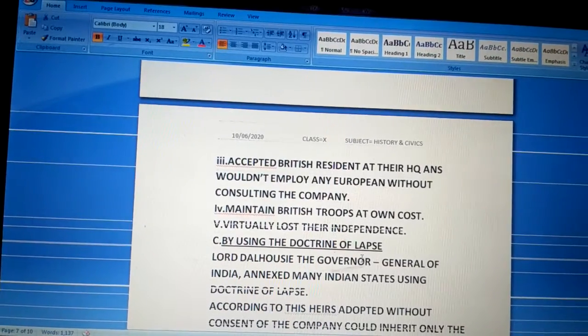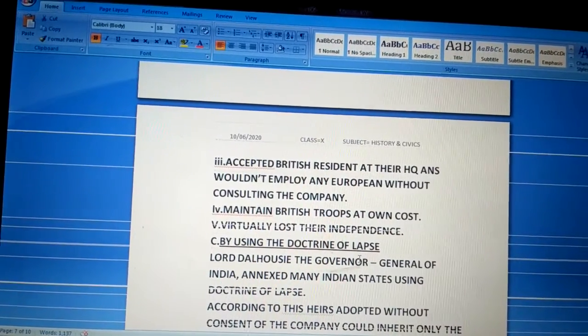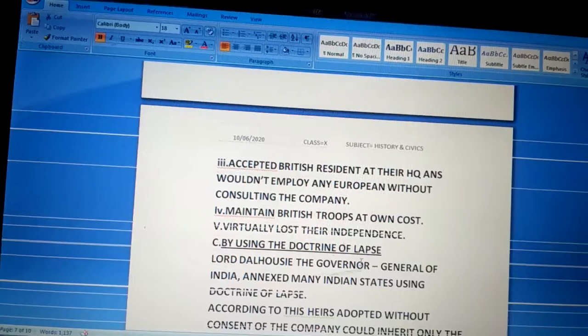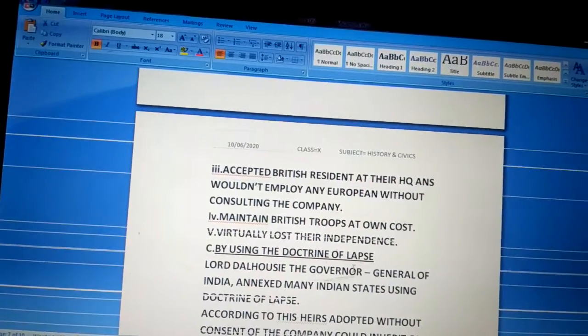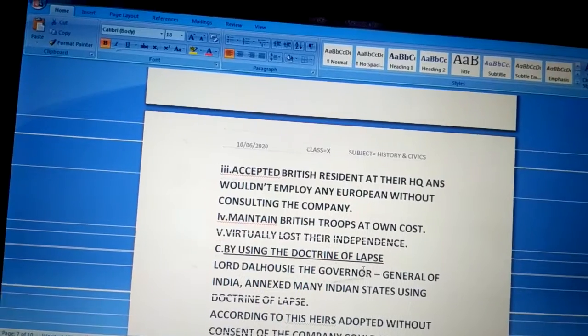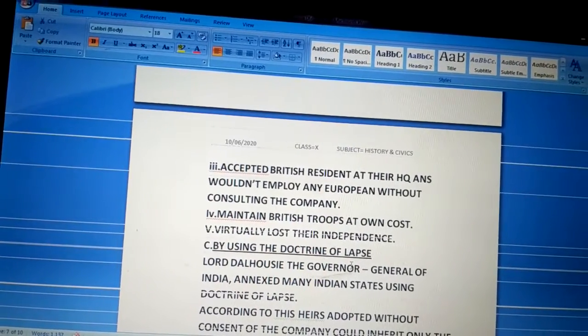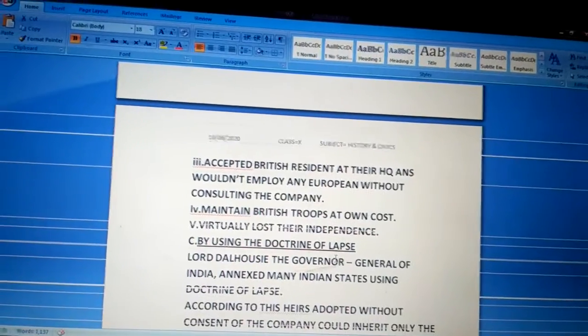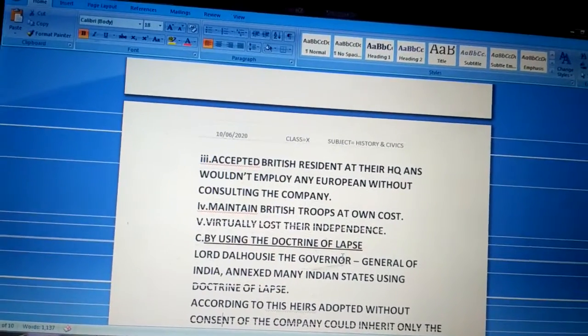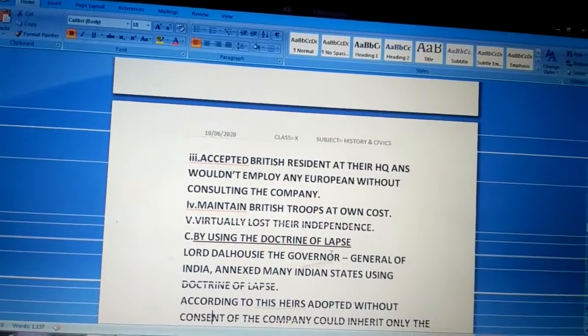So Indians cannot employ anyone without consulting the European employee. That means Indians are already in their hand.